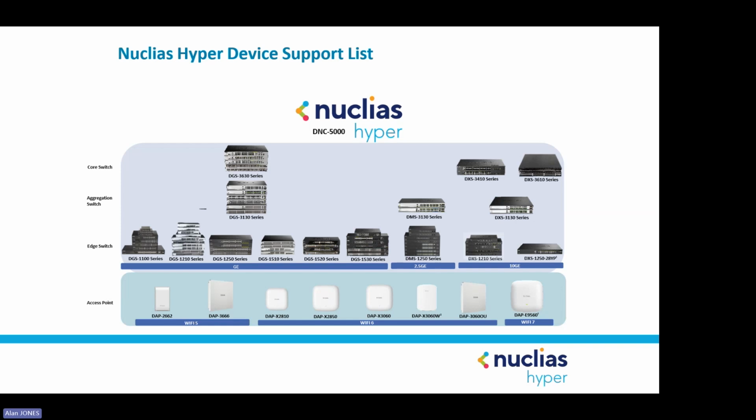The real powerhouses. It's a good opportunity for larger customers with more unique requirements to use Nuclias Hyper to manage their network. So you'll see more and more about Nuclias Hyper as we approach the August launch date.